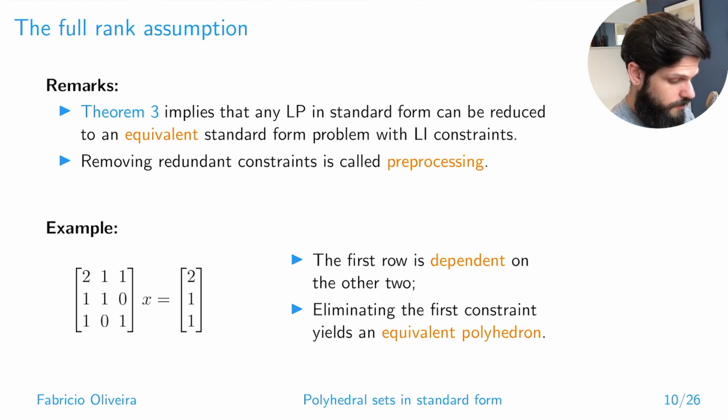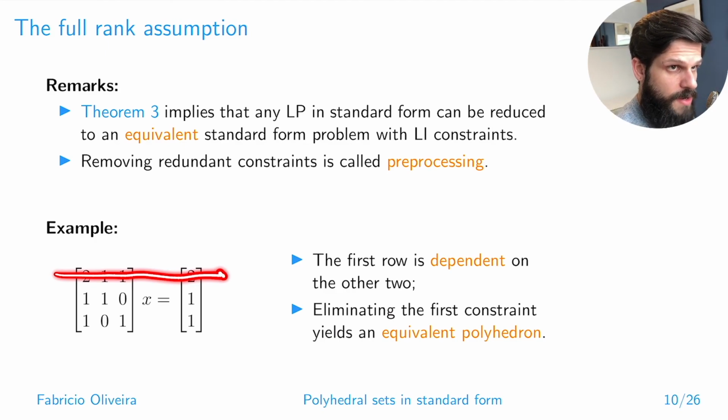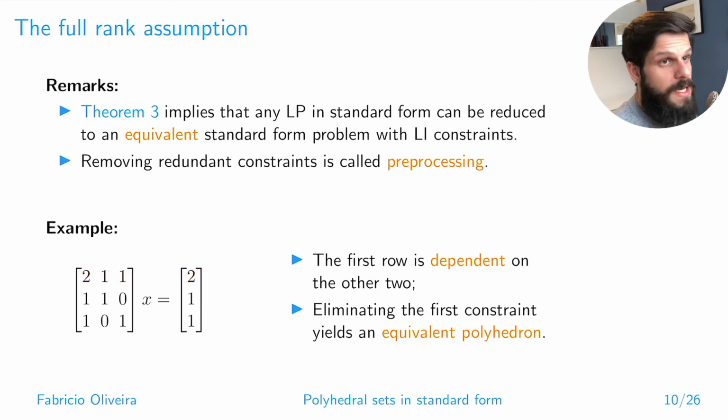The reason for that is that this column, or even this row, is the addition of these two rows. So what you have to do is pick one of those, perhaps this, get rid of it, and now you have a system with two equations and three variables. Then you need one basic variable to form a basis for this, and you end up with the equivalent polyhedron. You're going to be describing exactly the same polyhedron.